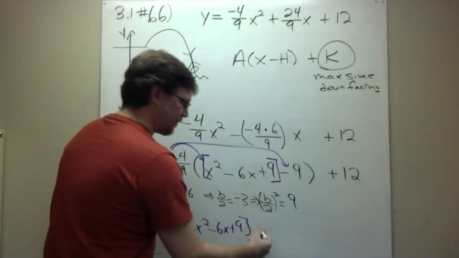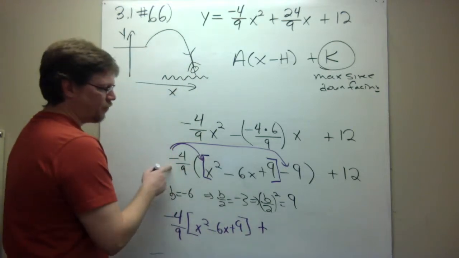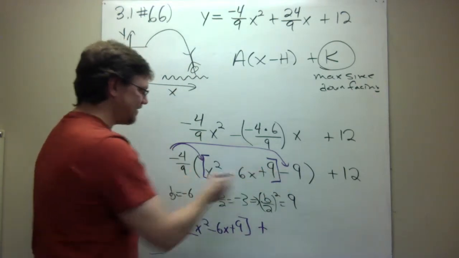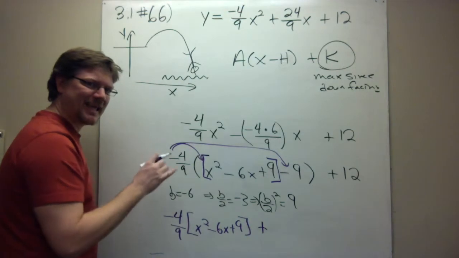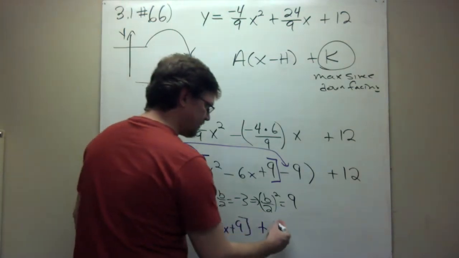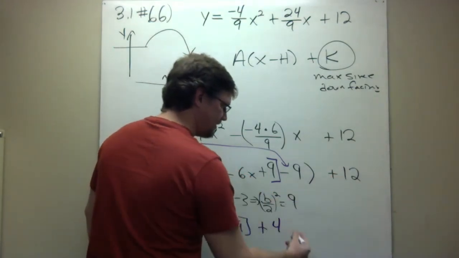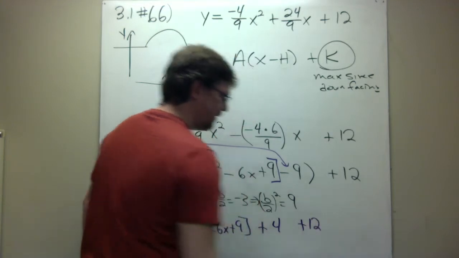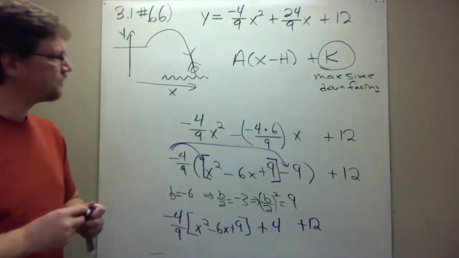Minus times a minus is a positive. 4/9 times 9, well, I have a 9 on the top and a 9 on the bottom. Those are going to cancel out, leaving us with a plus 4. And I still have my plus 12 that I have on the outside.